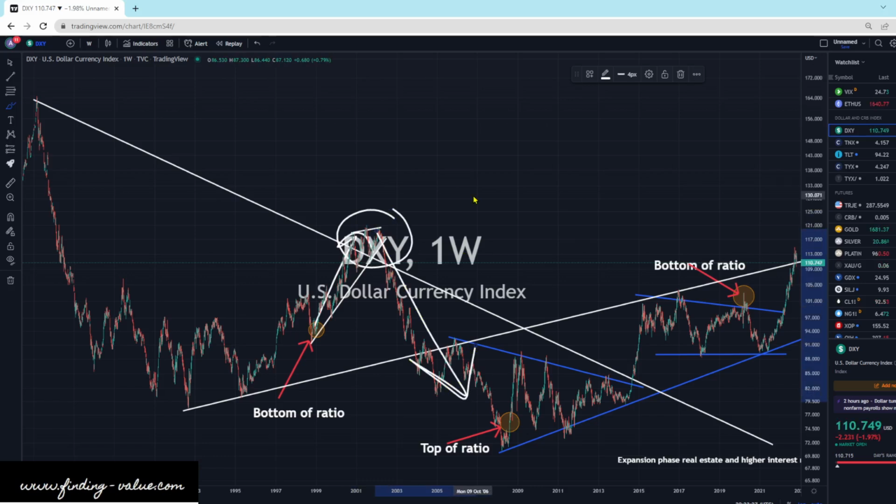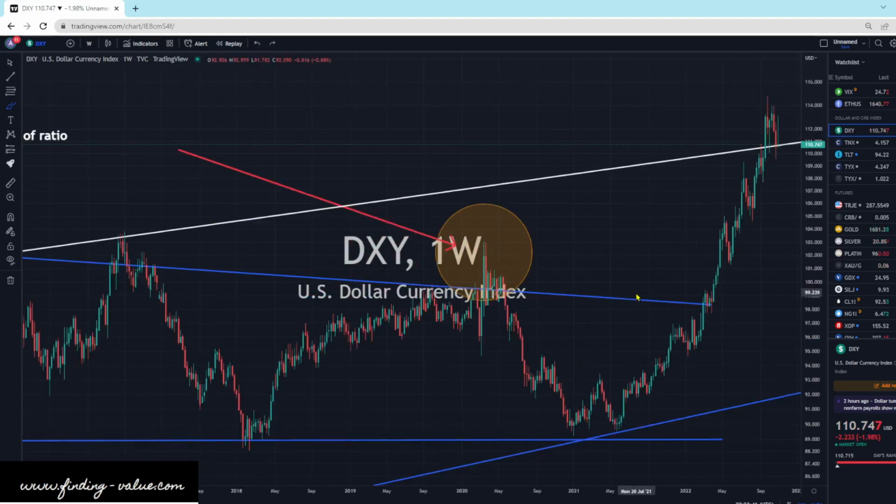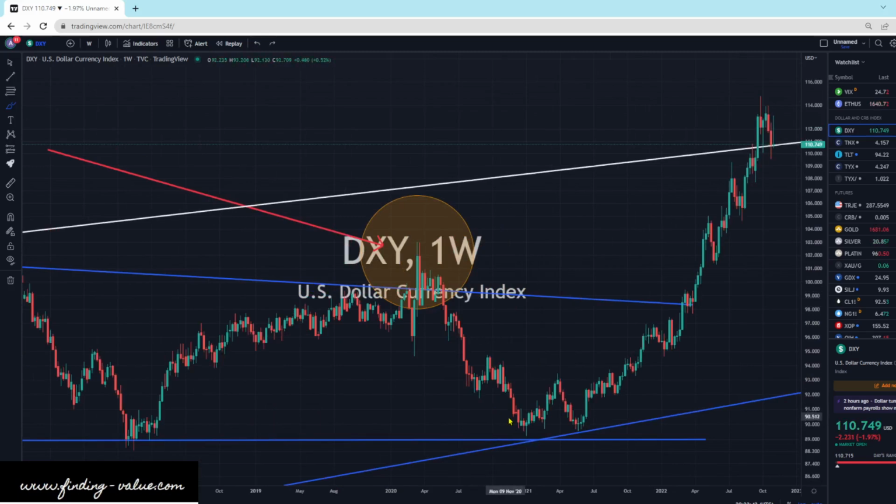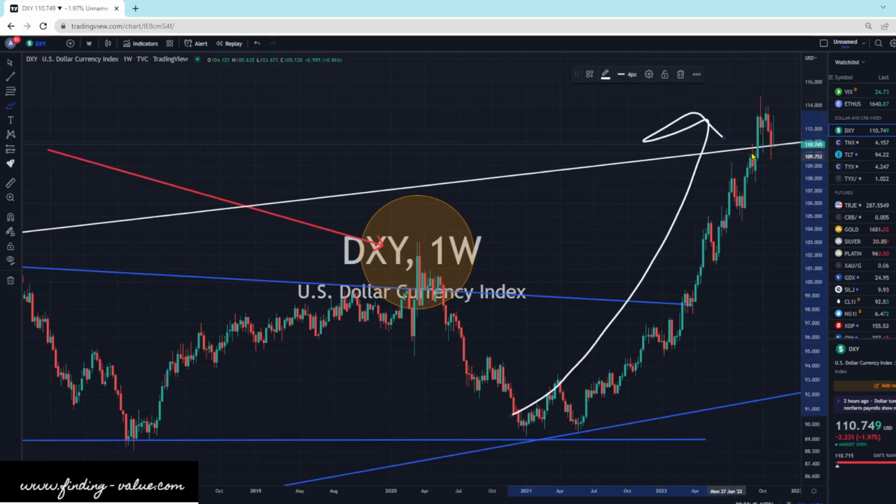Increasing interest rates, a slowing of those increasing interest rates. The dollar being stronger in the beginning of the bull market and weaker towards the back half of the bull market. It's a cycle. And I think what's happening is we've got that strength in the beginning of the bull market, and I think this will turn around and head lower at some point.